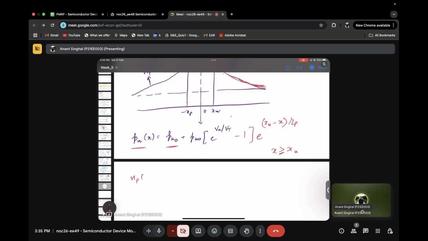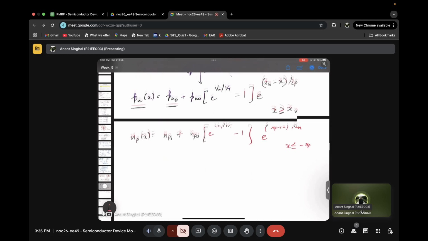And similarly, npx, if you do, it will come out to be np naught plus, you can see the derivation in detail, maybe in the lecture by Professor Vivek Dikshit. So it will come out to be xp plus x over Ln, and this only holds when x is less than minus xp, that is on the p side.